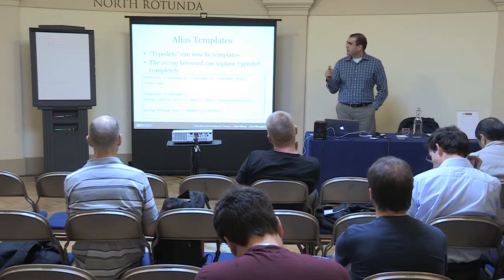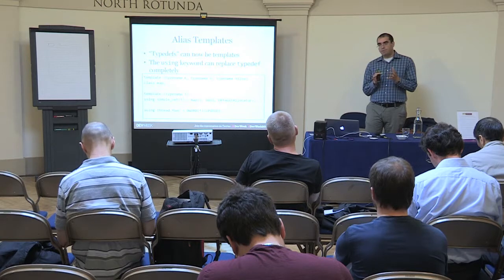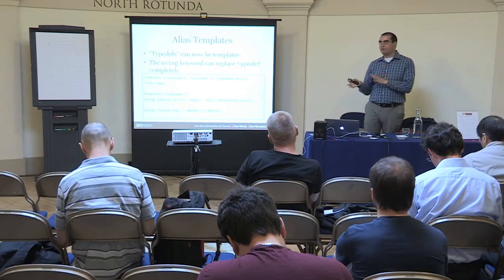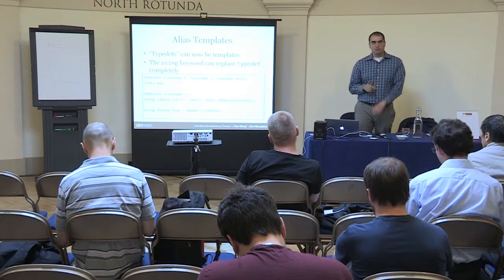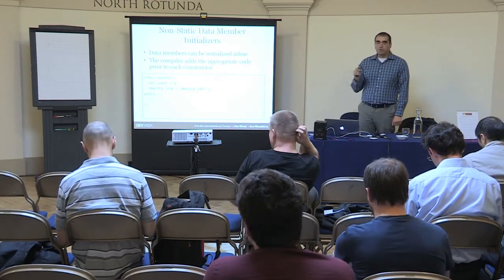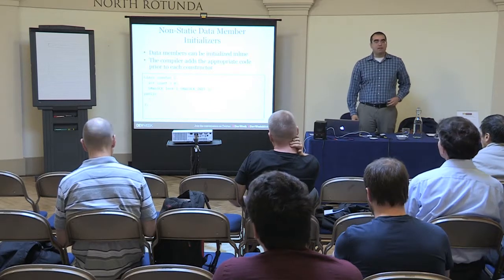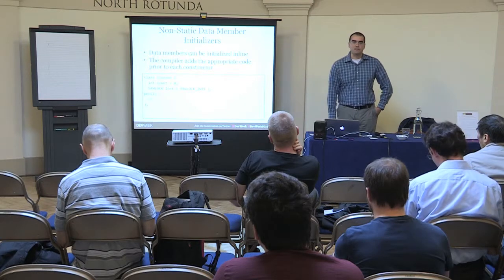There is a feature called alias templates, which is syntax for declaring partial templates based on other templates. I'm not going to go any further right now, but it's really not very hard syntax. And this is a cool thing that I probably should explain. You now have non-static data member initializers in C++.